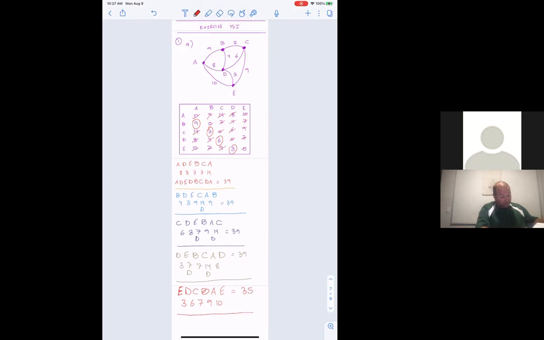So that means, what is it, section 15I? Let's take a look at what it says here. Nearest neighbor algorithm gives A, D, E, B, C, A with an actual root of A, D, E, D, B, C, D, A, 39.